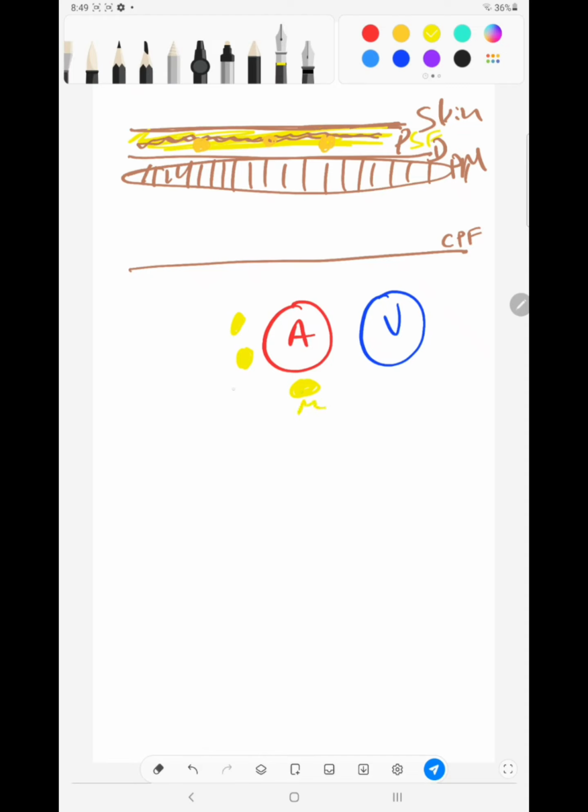So this is the medial cord of brachial plexus, this is the posterior cord, and this is the lateral cord of brachial plexus. At this level, there are two nerves. From the lateral cord, there is lateral pectoral nerve. From the medial cord, there is medial pectoral nerve. And there is a loop of communication between the medial and lateral pectoral nerve at this level.